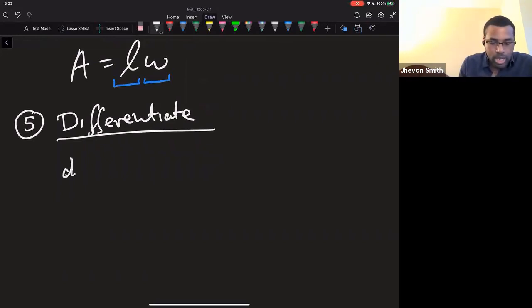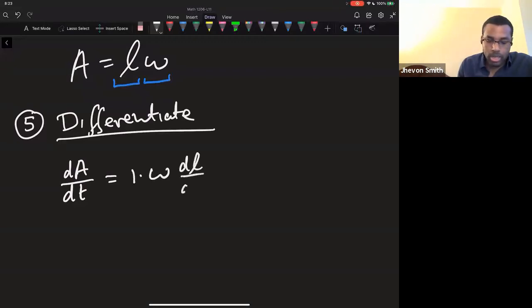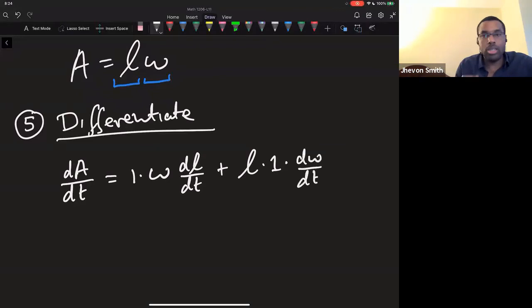Derivative of A, dA/dt, because I have to differentiate A with respect to t. Derivative of L times W: differentiate the L, leave the W, and I need to multiply by dL/dt because I just differentiated L. Plus, leave the L, differentiate the W, and multiply by dW/dt because I just differentiated the W. L is not t, W is not t, A is not t.